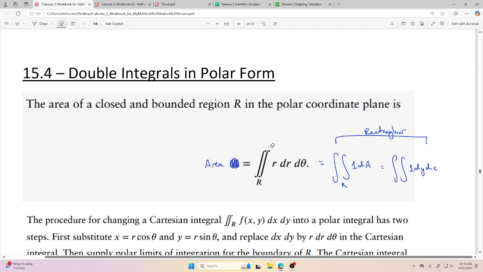Rectangular, like rectangle glue. But this is polar. We've seen polar before in pre-cal and cal 2. So when I write these formulas, you're going to be super familiar with them.